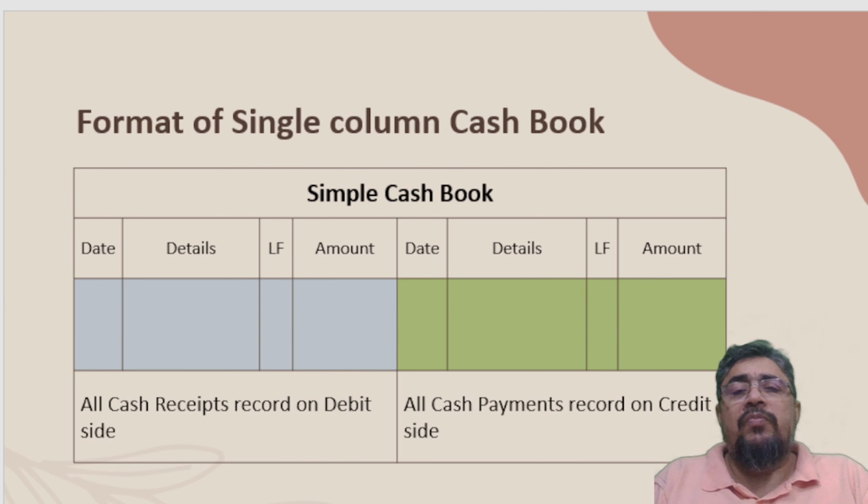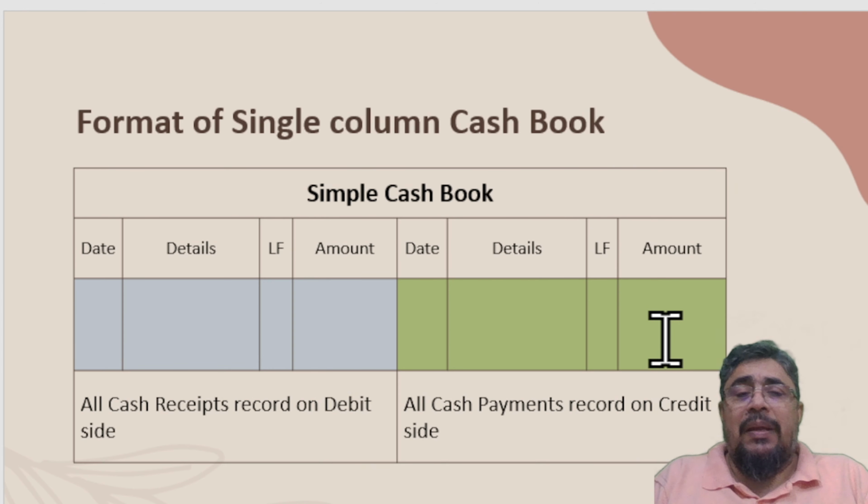This is the format of the single cash book. You can see here the table is divided into two parts, debit and credit. The gray area marks the debit side and the green area marks the credit side.